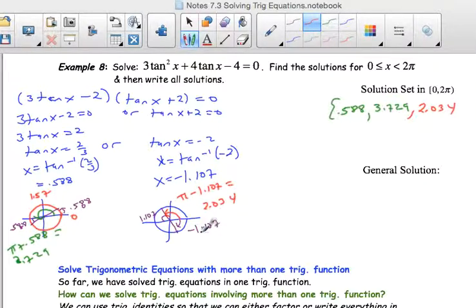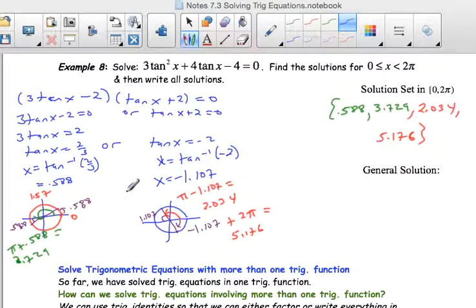And then I have to be careful here. Negative 1.107 is not between 0 and 2 pi. So I need a coterminal angle, which I can get by adding 2 pi. And that gives me 5.176. So my fourth angle is 5.176. Those are my solutions between 0 and 2 pi.